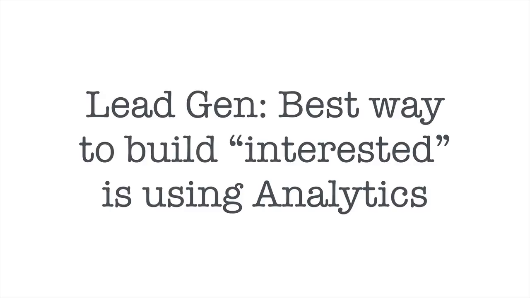A note first on interested and what interested means. For lead gen sites, generally speaking, the best way to build these interested lists is using the Google Analytics stuff, which again is why I'm going to have a little reminder of all of that towards the end of this presentation. With an e-commerce site, it's more obvious because the funnel people go through is more linear.